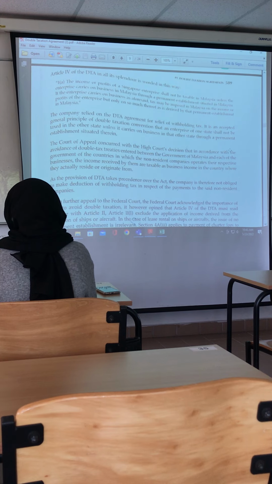The company relied on the double tax agreement for relief of withholding tax. It is an accepted general principle of double tax convention that an enterprise of one state shall not be taxed in the other state unless it carries on business in that other state through a permanent establishment. Agree? Yes. The Court of Appeal.